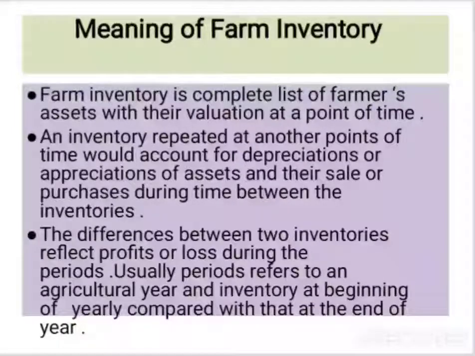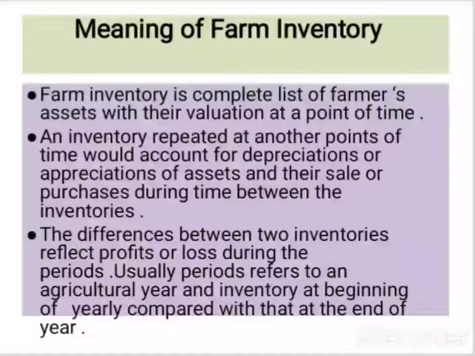Or if the farmer forgot to state certain assets, then appreciation of the asset has to be done in another account. That is, all the assets have to be calculated and valued. Simply, all the inventories have to be valued.